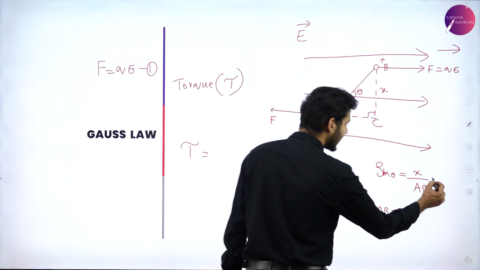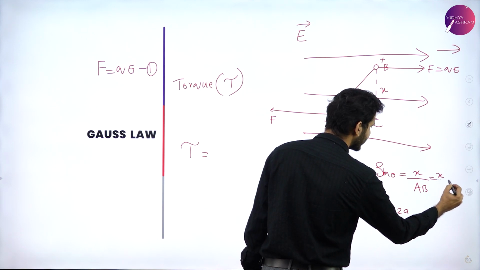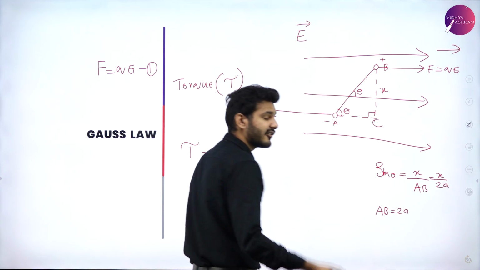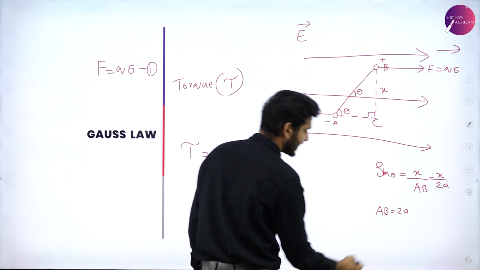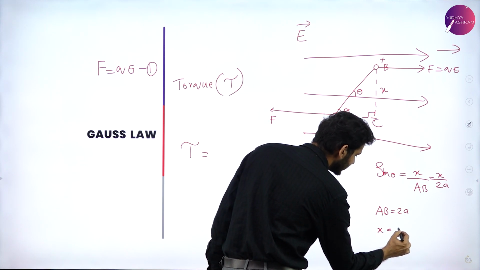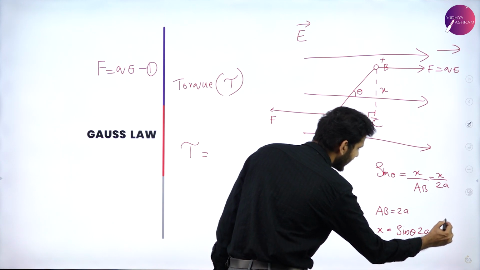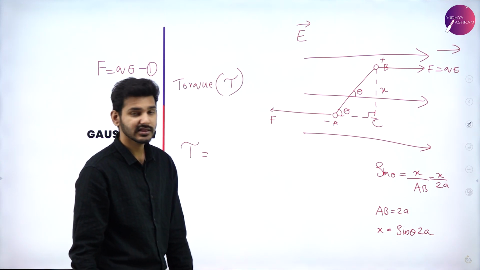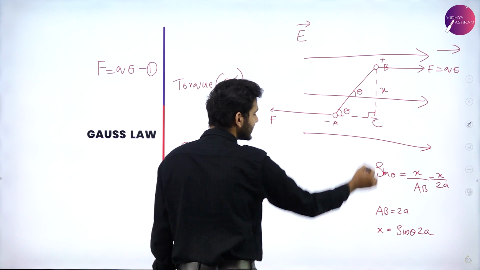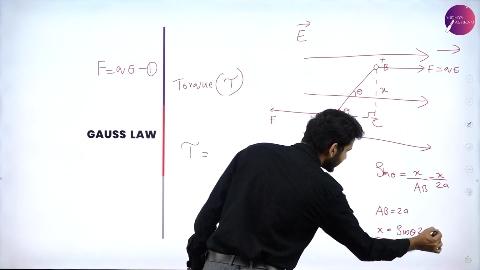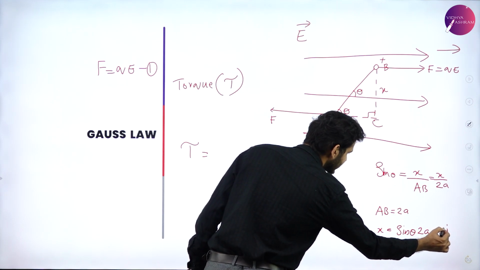Substituting that, we can write it as x divided by 2A. From this, x will be equal to sine theta into 2A. So this will be the length of this side. Let us keep that as equation number 2.